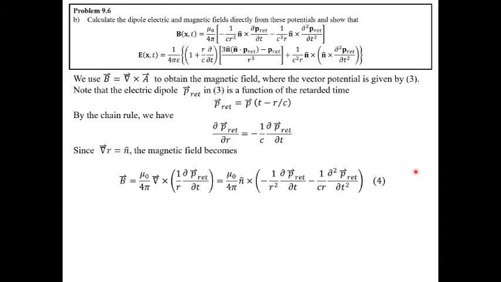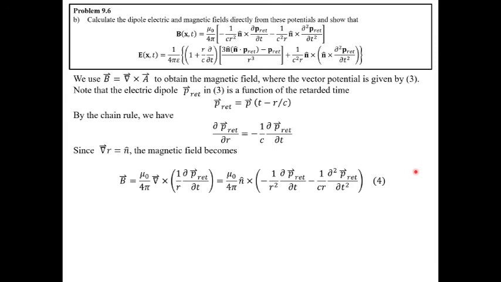Calculate the dipole electric and magnetic fields directly from these potentials. We use B equals curl A to obtain the magnetic field, where the vector potential is given by Formula 3. Note that the electric dipole p retarded in Formula 3 is a function of the retarded time.